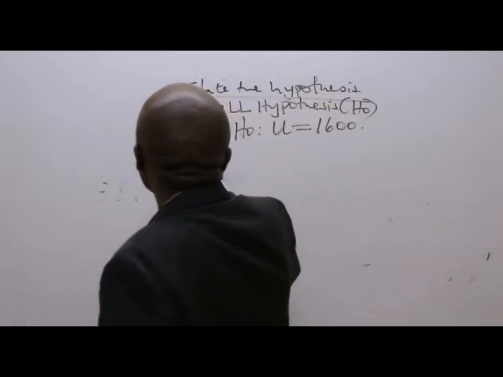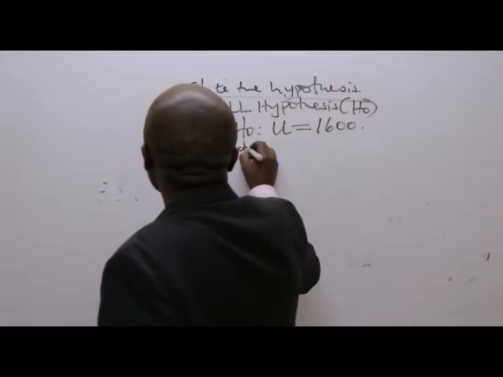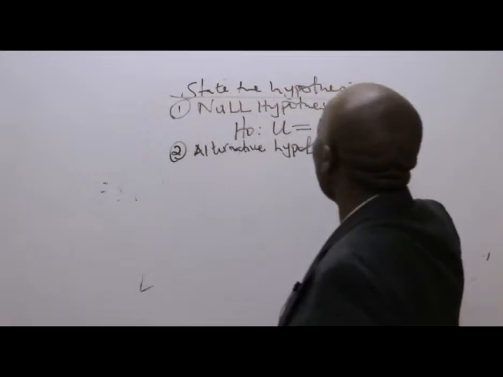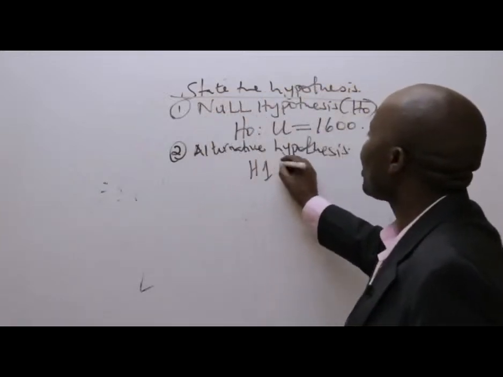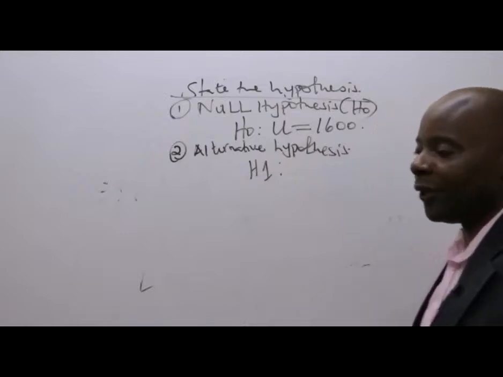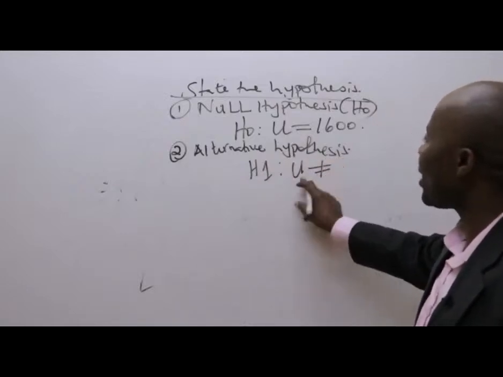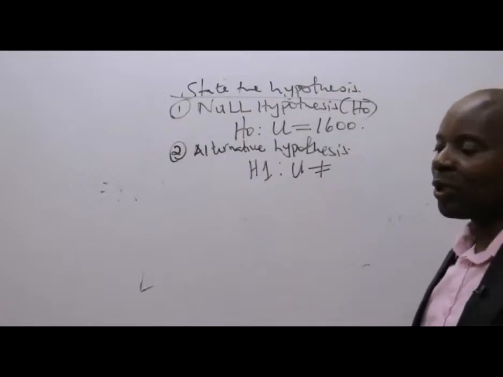So, ladies and gentlemen, we have what we call the alternative claim or alternative hypothesis, which we shall denote as H1. Mu stands for the mean.